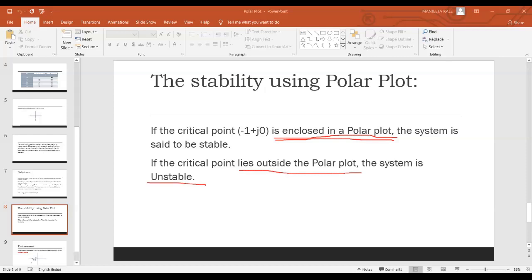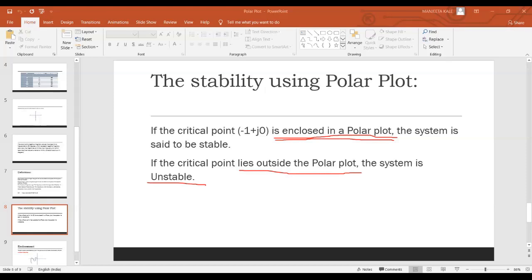Okay. What is the significance of this? Suppose you have a polar plot which encloses minus 1 plus J0, that means minus 1 plus J0 lies inside the polar plot. That means you still have a margin from the critical point to cross the polar plot, right?